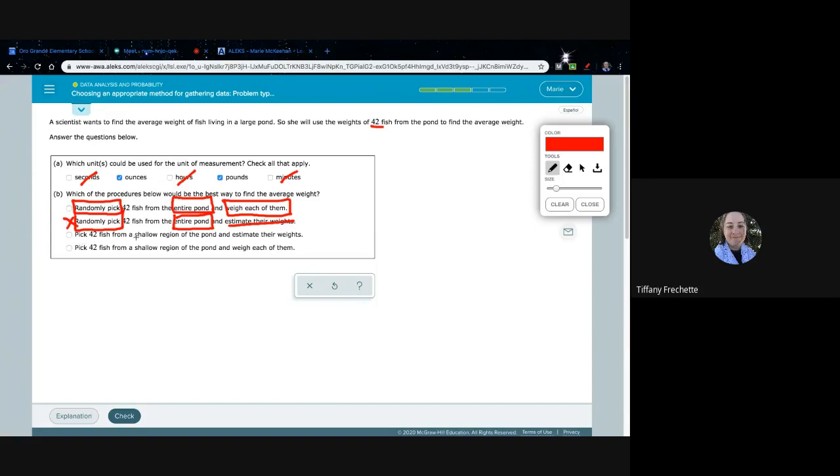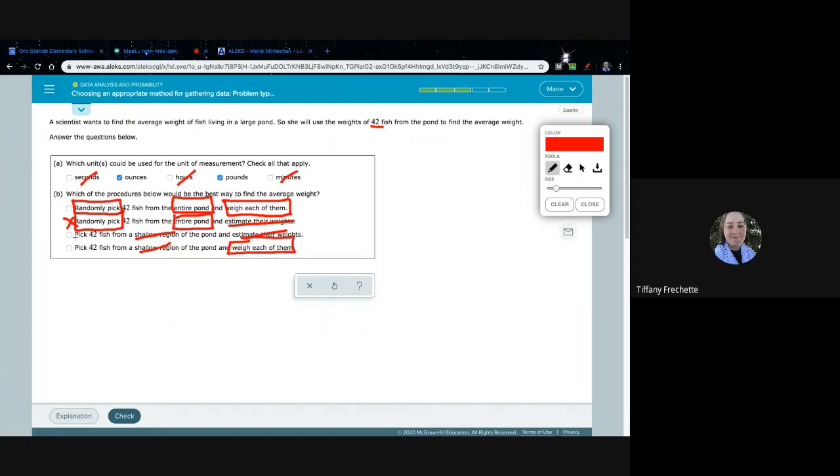Pick 42 fish from the shallow region. I don't like shallow region because that's not a good estimate of the entire pond. We want to pick some from everywhere in the pond, some from the shallow, some from the deep, some from the midway, in between shallow and deep, and estimate their weight again. We don't like that. Pick 42 fish from the shallow region. Don't like that. I do like weigh each of them.